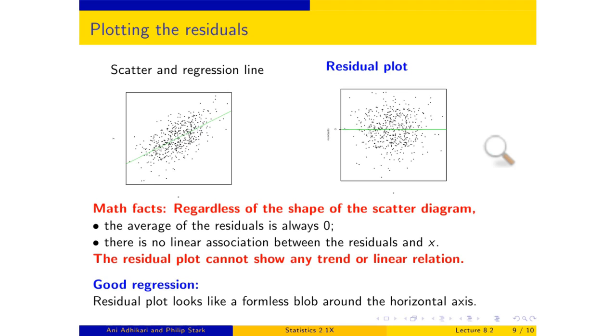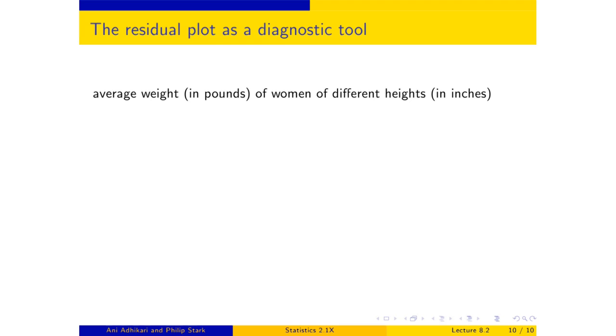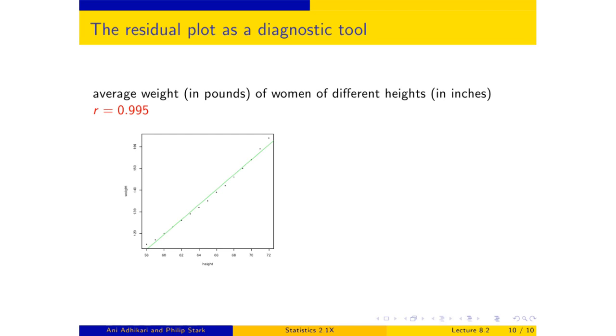And what is the problem with patterns? It is easiest to see by an example. So I'm going to use a famous data set, which is the average weights of women at different heights, and famous because of a strikingly high correlation, 0.995.